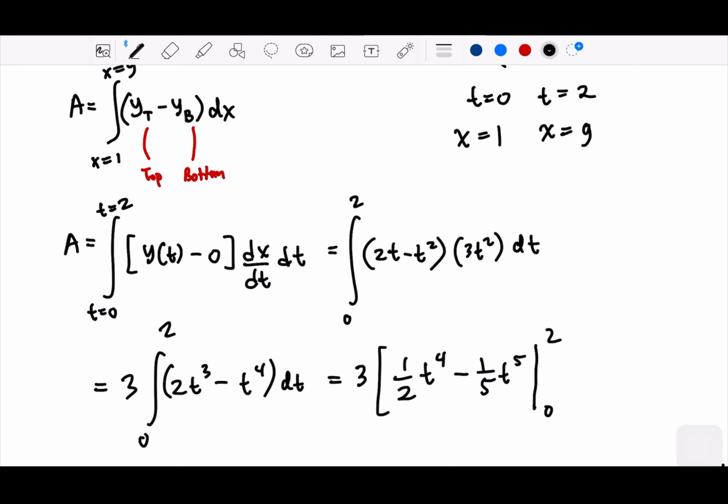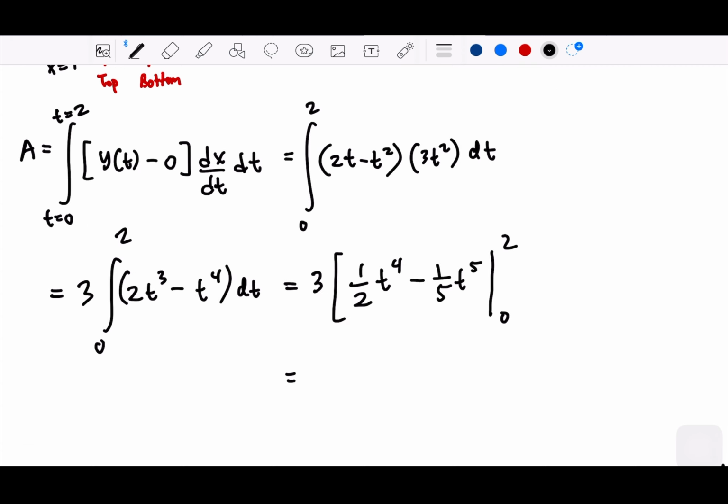Now we need to calculate. So 3 times, 16 over 2 is 8 minus 32 over 5, right? 40 minus 32 is 8. 8 times 3 is 24. Okay, that's the answer.